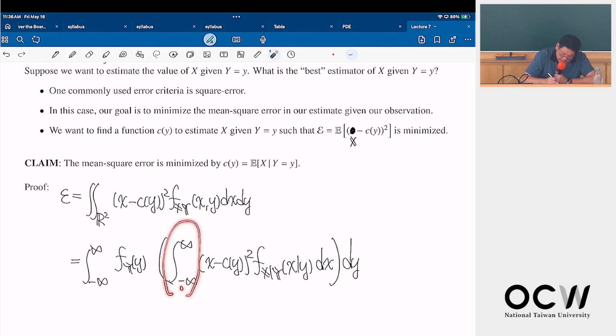It considers all possible outcomes of the function times their corresponding weightings. Overall, this is a function of Y.